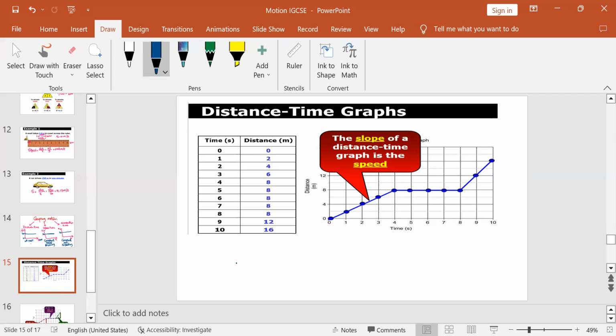From 0 second to 1 second, what is the distance covered by the body? 2 meters. Okay. From 1 to 2, the body covered how many?